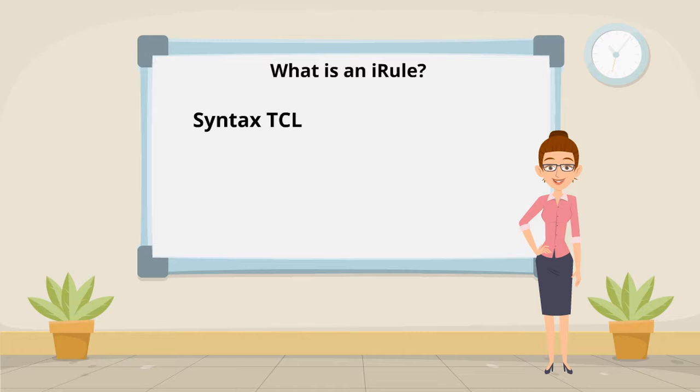Now, the reason why you might want to use an iRule is to allow you to interact directly with traffic that's passing through the device. So you might want to redirect traffic from one port to another port. You might want to modify a URI, so you might want to modify the path.